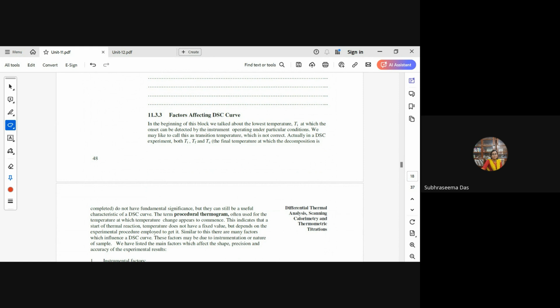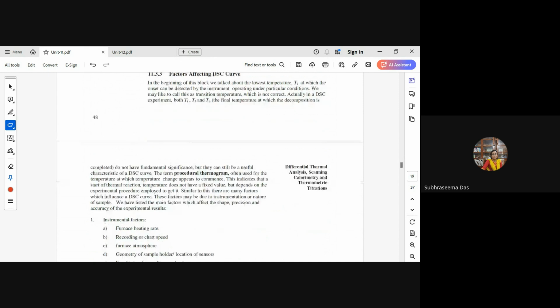However, in DSC, Ti, Tf, and Tc are very important while indicating these temperatures in a DSC curve. The term procedural thermogram is often used for the temperature at which the temperature change begins to appear. This indicates the start of a reaction, which is usually called the onset temperature. The temperature does not have a fixed value, but it depends on the experimental procedure used to get it.